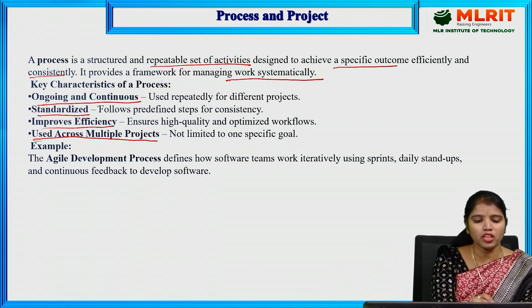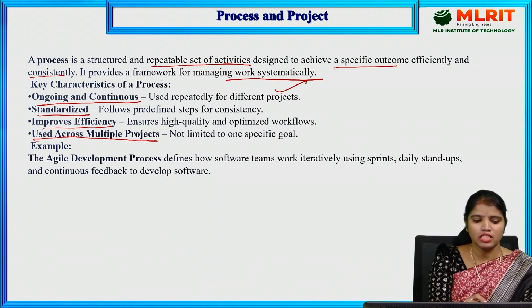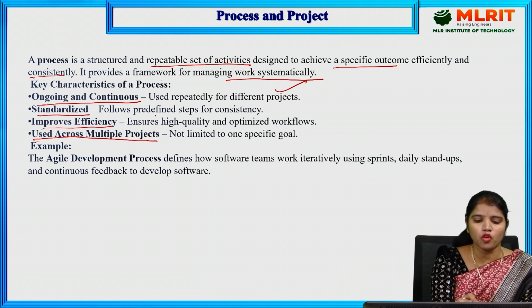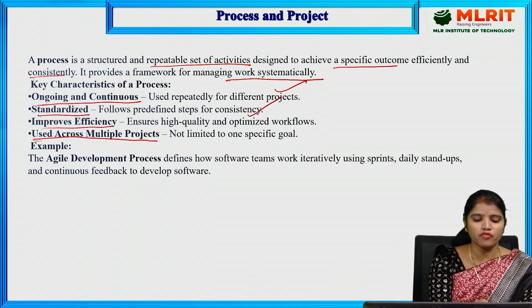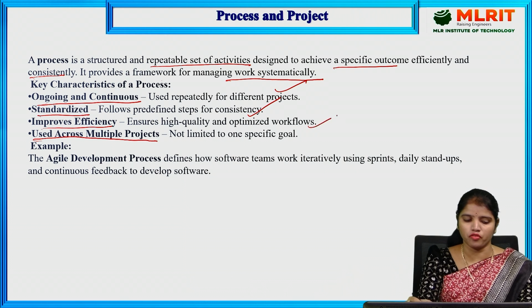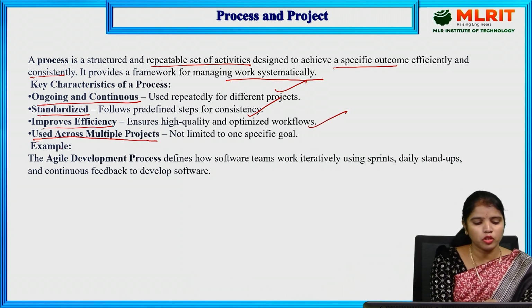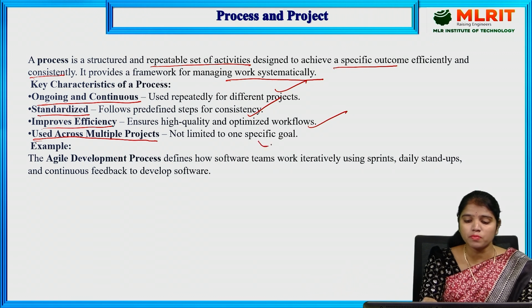What is ongoing and continuous? It is used repeatedly for different projects. Standardization means it follows predefined steps for consistency. Improves efficiency means it ensures high quality and optimized workflows. Used across multiple projects means it is not limited to one specific goal.